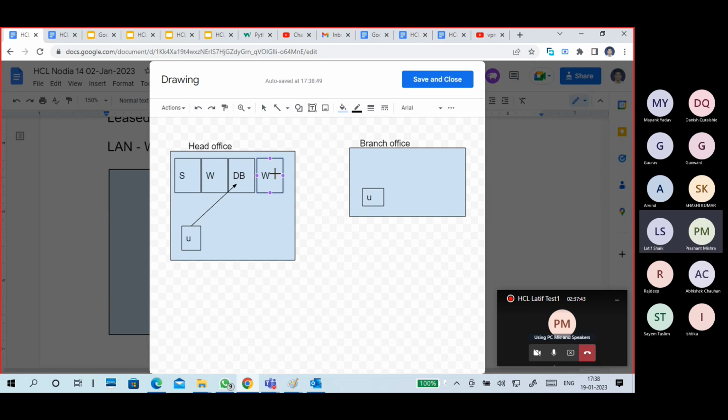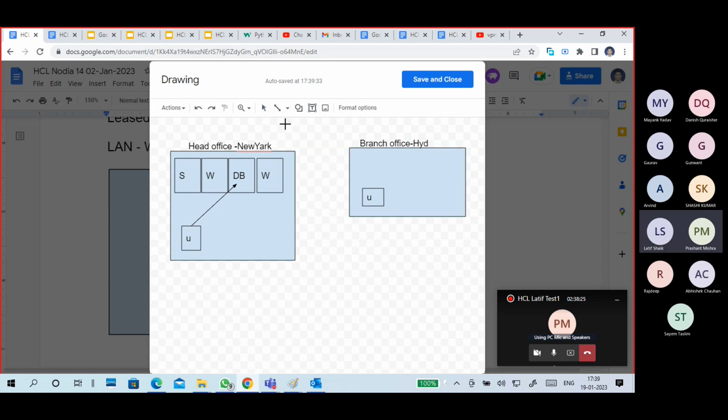How will they access from here to here? They cannot, because this is in a different location. For example, this is in New York, a different country, and my branch office is in Hyderabad, India. How do we get connected?